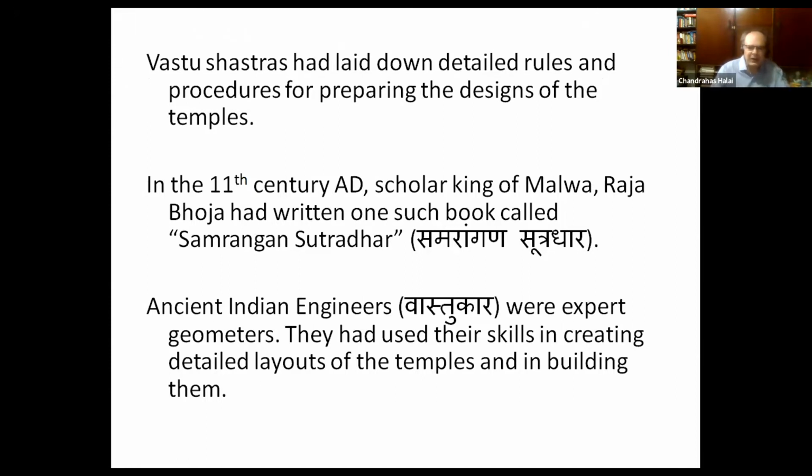Now, Samarangan Sutradhar laid down detailed, comprehensive ideas for designing palaces, temples, town planning, how to draw line diagrams, instructions for the site supervisor, and how to construct construction machinery. So all that was covered in Samarangan Sutradhar.